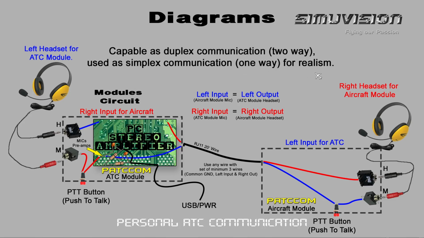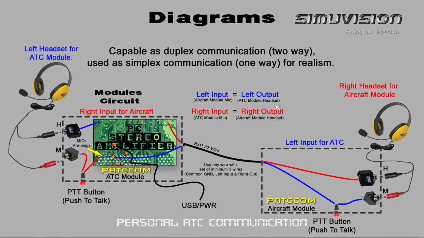So now once again, let's have a closer look on this. The left input, which is the aircraft module microphone. So you see the aircraft module microphone is the left input, right? When he pushes the button, it gets enabled and is given to the headphone set, our ATC module headset.